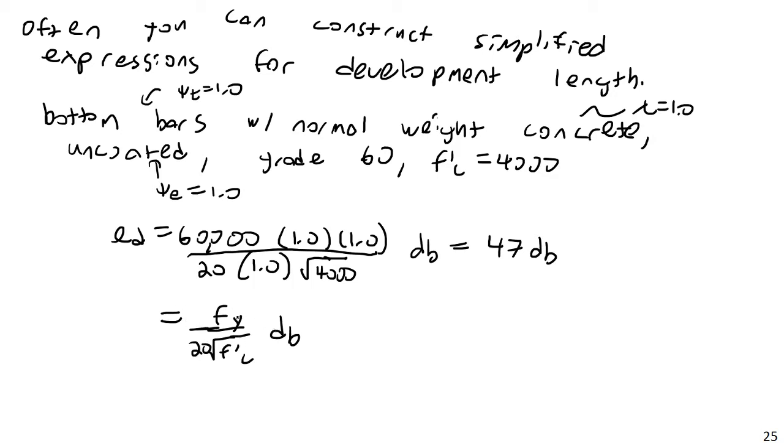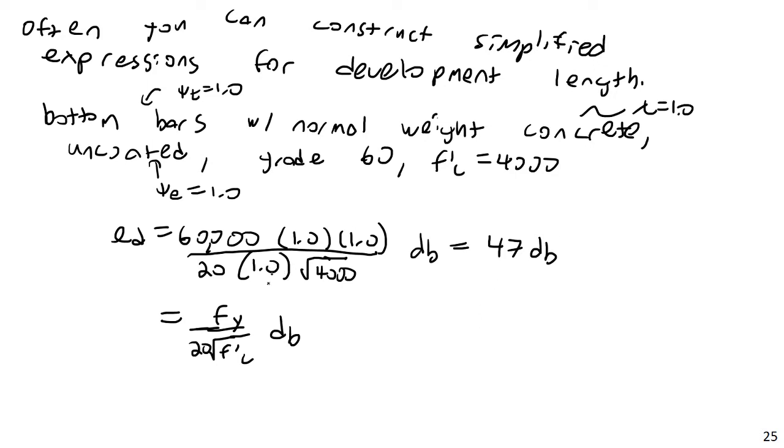And this would be for any yield strength, for any f'c, as long as it was normal weight concrete, as long as it had sufficient clear cover, as long as many of the things that are almost always there are there, you can often collapse these into much more simplified expressions like this.